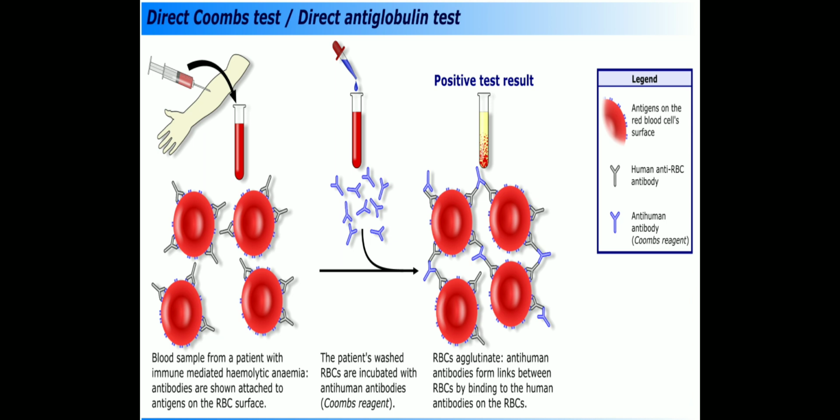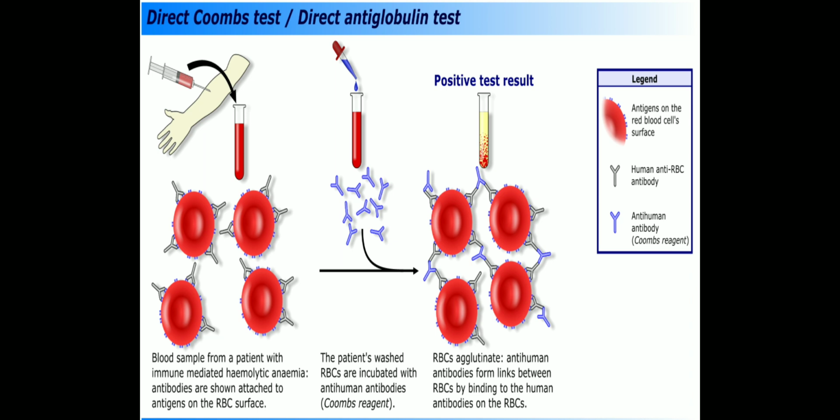So what happens if we add this Coombs reagent? If the RBCs are already coated with IgG, that is, if the patient has an immune hemolytic anemia, his RBCs will naturally be coated with IgG. So if you want to demonstrate that his RBCs are coated with these antibodies, we can add this AHG, which will bind only to those IgG-coated RBCs.